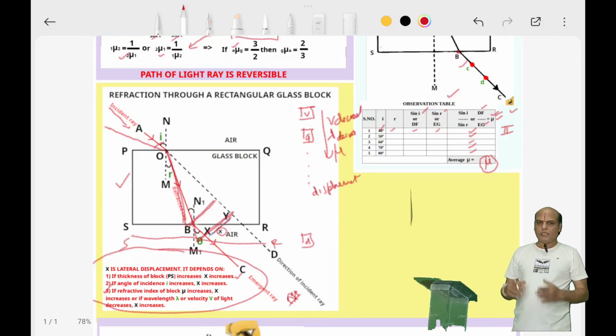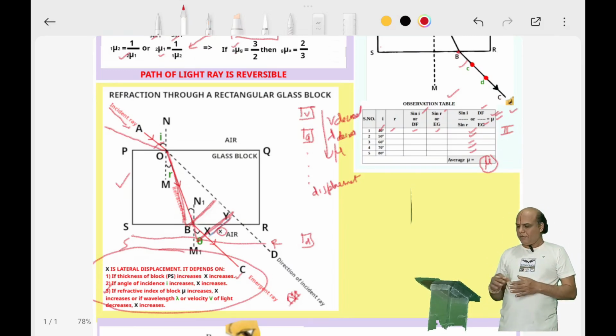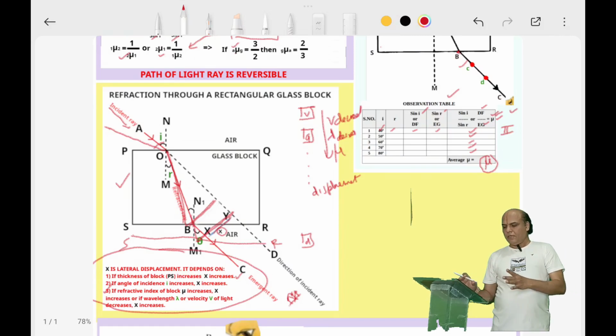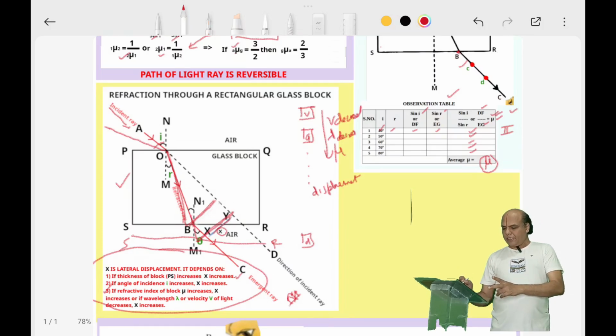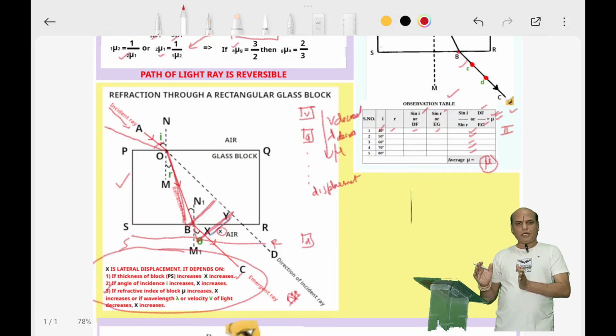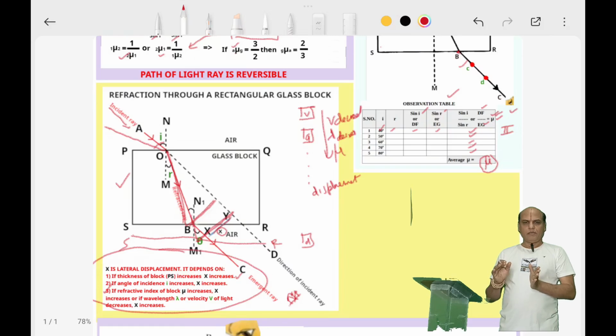So let us summarize what we have seen. Using a rectangular block of glass, when the incident ray is observed from the opposite side, the emergent ray and incident ray, although the direction is same, the emergent ray appears to have laterally shifted by a distance. This is called lateral displacement of incident ray.